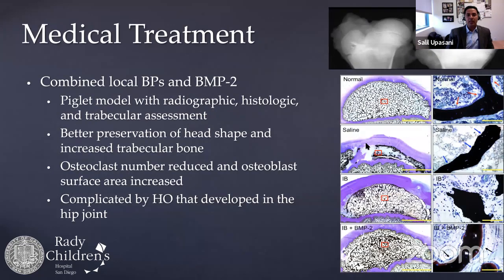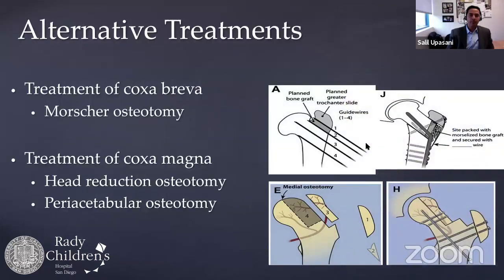So injecting bisphosphonates as well as BMPs, there were complications of heterotopic ossification in the pig model, but you can see the structure of the trabeculae are much better in the pigs that were treated with it. So for alternative treatments for coxa breva, I think this Morscher osteotomy is an extremely powerful way of approaching this disease, or the head reduction osteotomies.